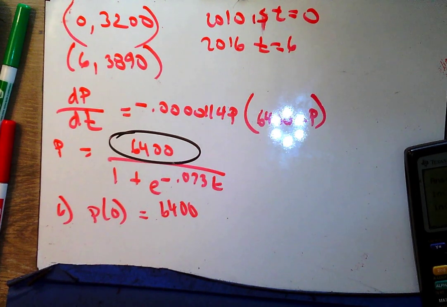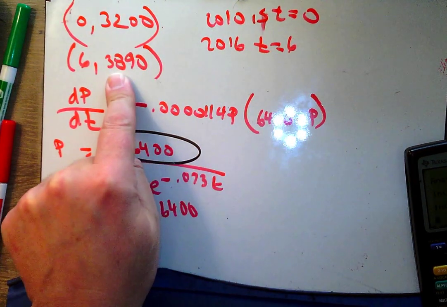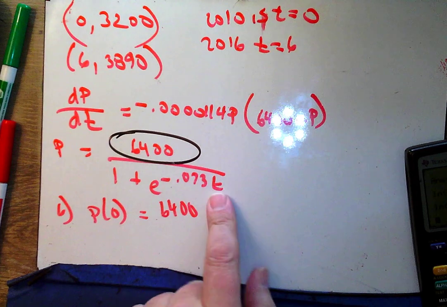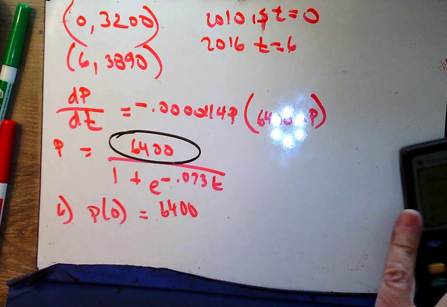Is the population model above accurate based on what you know in this problem? Well, we were told that at time equal to 6, there were this many. So now they want me to plug time equal to 6 in here and compare this result with the actual result.